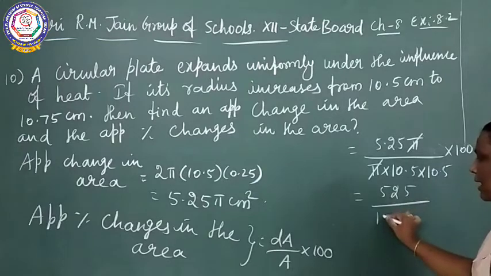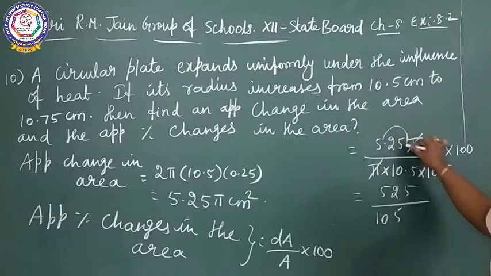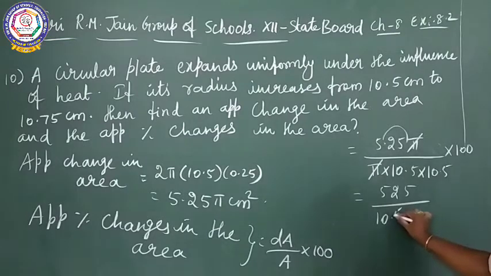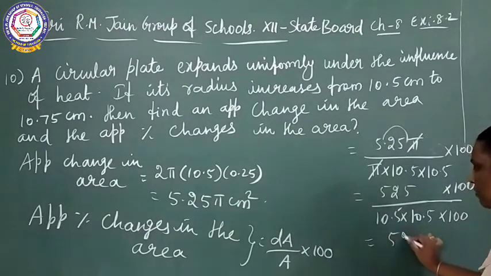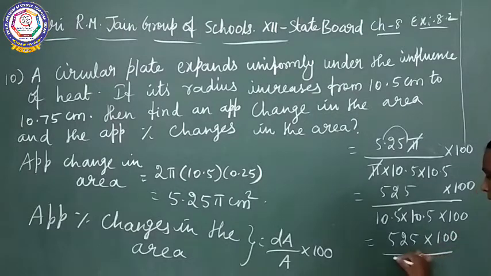525 by 10.5, because the decimal into 100 means the decimal goes to the next two places, into 10.5, 2 decimal points. Again you should multiply into 100. So what is the value you are getting? 525 into 100 by 105 into 105.